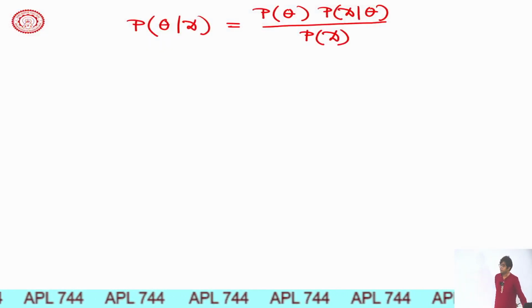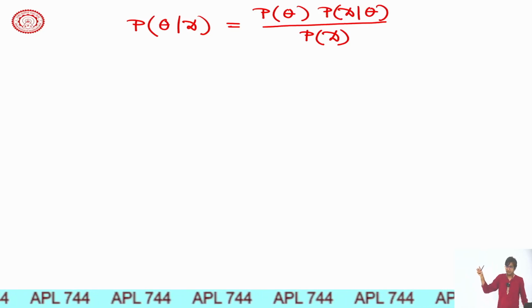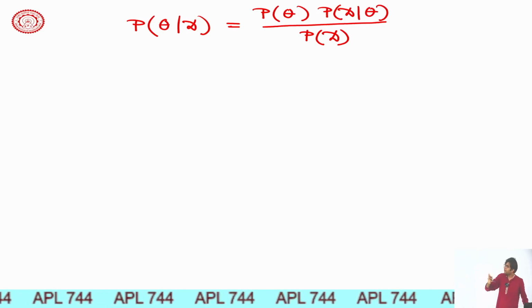But then computing the posterior itself is the bottleneck, because this is intractable. You cannot compute this in 99.99% of cases, because the denominator is intractable.